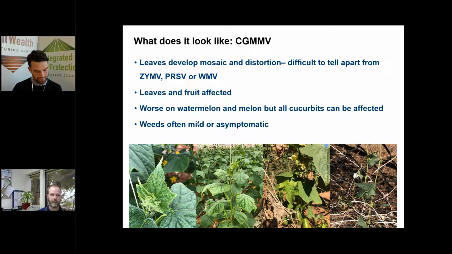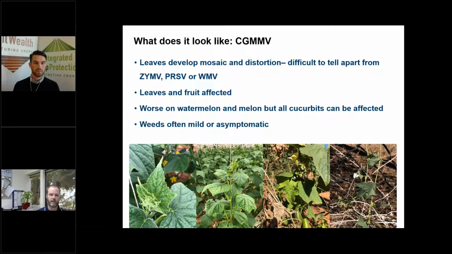The leaves and the fruit, again, are fairly obviously affected. Some of the cucumbers, apart from just being, they might look fairly normal, but we hear reports of them being very soft and sort of squishy. So obviously their shelf life is reduced. Melon, watermelon are quite severely affected. Cucumber is bad.